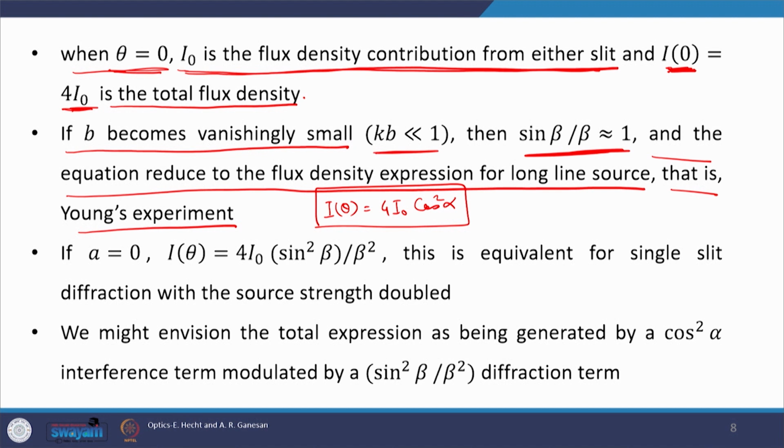This is very much obvious because we were having two slits and then we started reducing the width of the slit, then this will reduce to two line sources, and therefore we will get Young's type fringes, which is also obvious with this expression. If A is equal to 0, what is A? It is the center to center separation between the two slits. If A is equal to 0, then the two slits will merge, and we will have a single slit diffraction pattern.